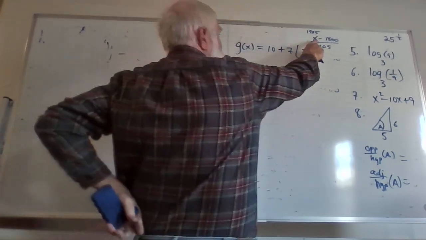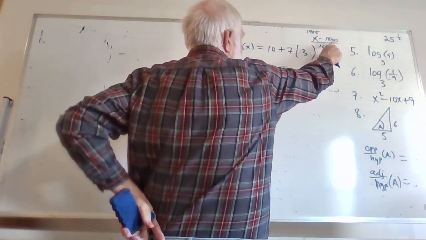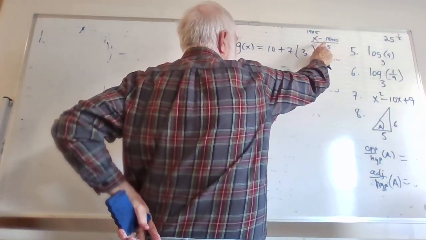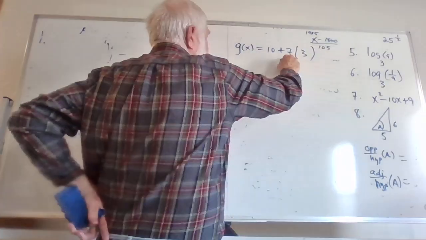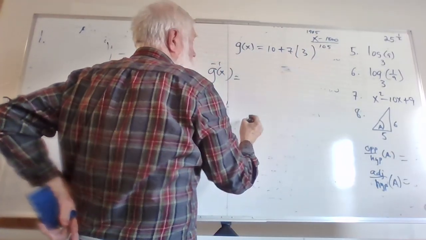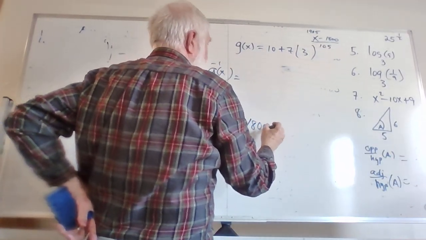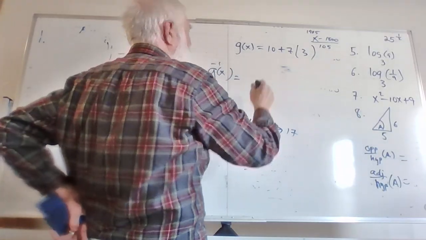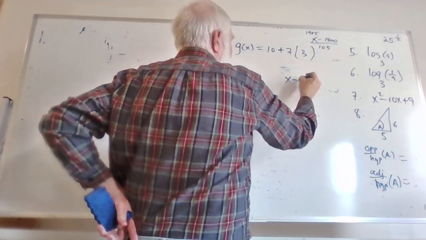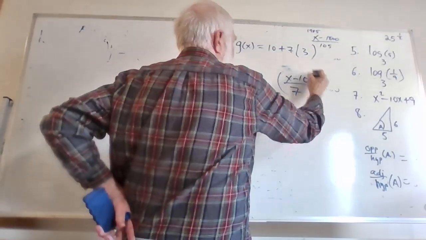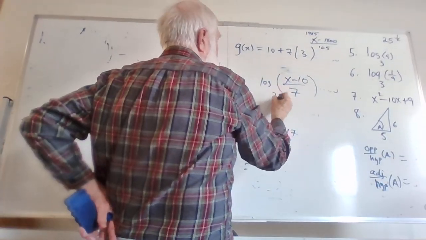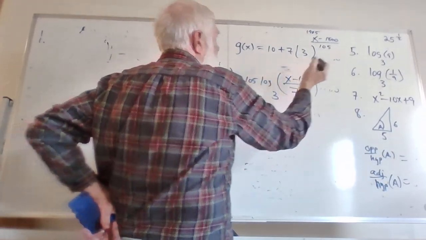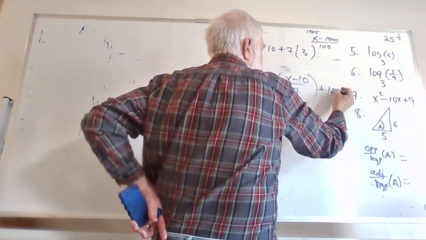Let's put 1800 in. The heck with it. 1800 minus 1800, 0. Anything to the 0 is 1. That gets us 17. So 1800 gets us 17. Oh, I erased the whole thing. So x minus 10 divided by 7, log base 3, 105, plus 1800.